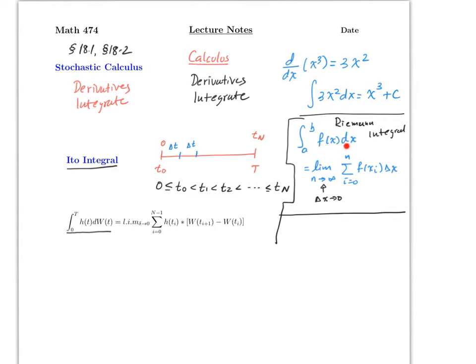But here we're integrating with respect to x, which is not a random variable. Well, here, this one is with respect to Brownian motion, or the Wiener process. Remember that Brownian motion was a stochastic process that is continuous everywhere but is differentiable nowhere, so the derivative doesn't exist at any point.